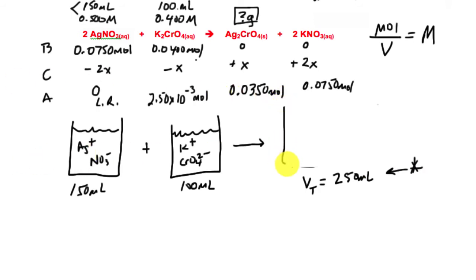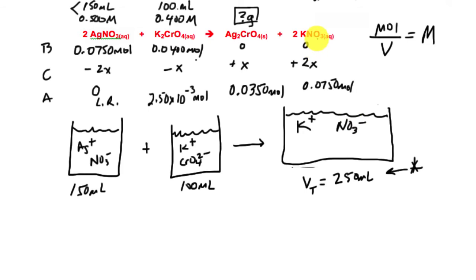In this beaker, I'm still going to have 250 milliliters of solution, but I no longer have silver ions. They're now gone. I still have potassium ions because they're still aqueous. I still have nitrate ions, they're still aqueous. My silver is gone. That's now a solid sitting at the bottom.